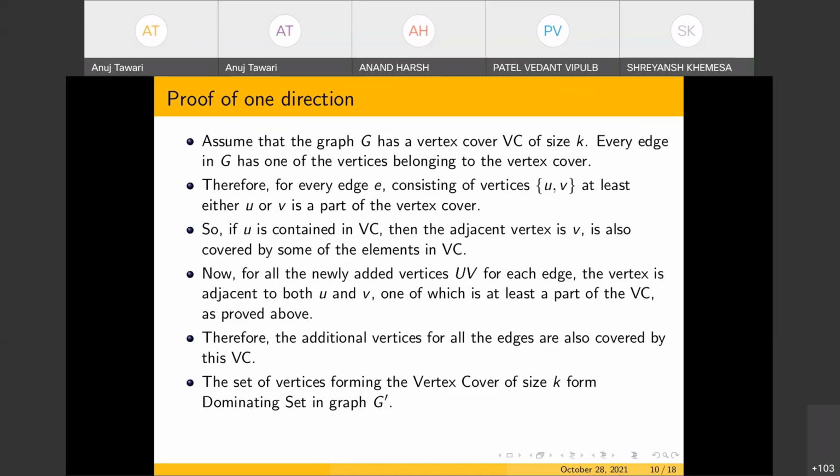Okay, any other questions in this proof? Either direction?